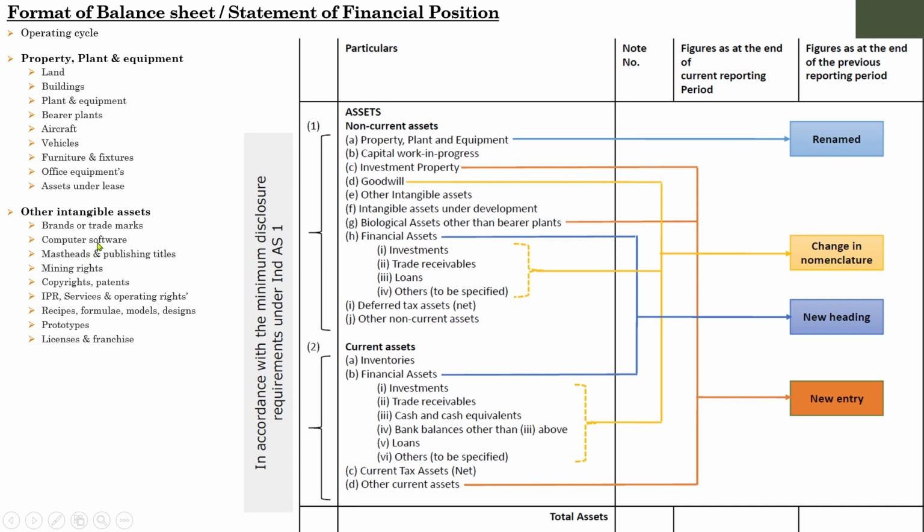In case of intangible assets, especially remember, in the case of fixed assets, any decrease in the value, we all know, will be sale or depreciation. But in the case of intangible assets, we cannot use the term depreciation, because depreciation is the title given to the reduction in the value of a fixed asset that has a physical existence.